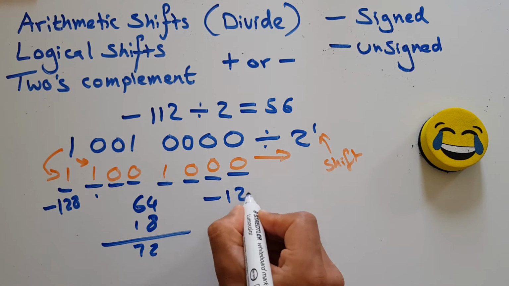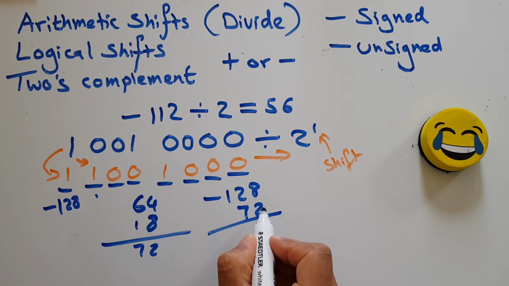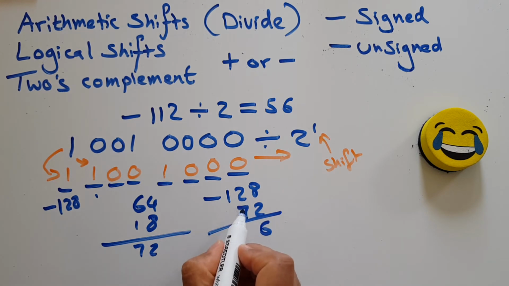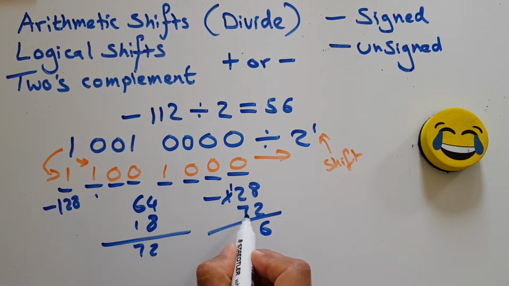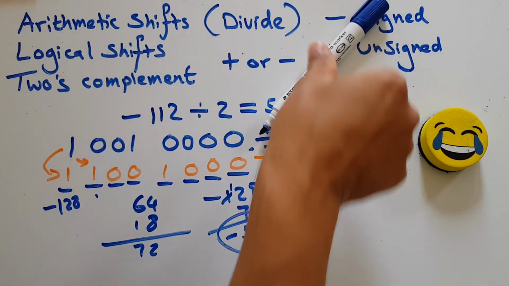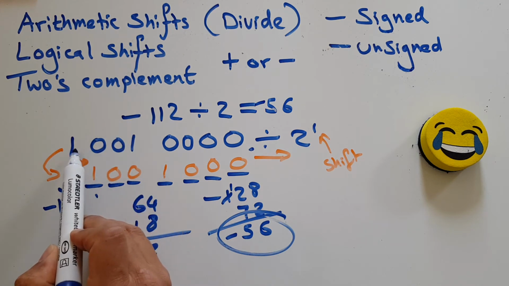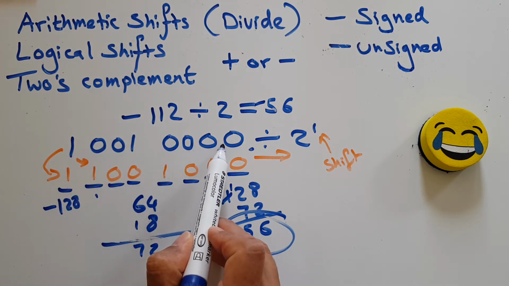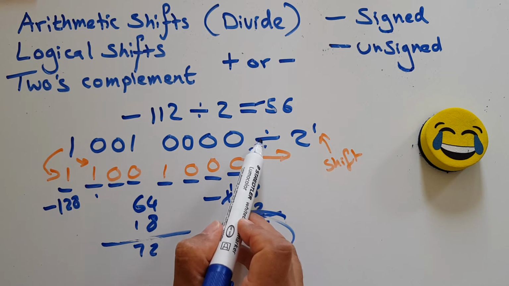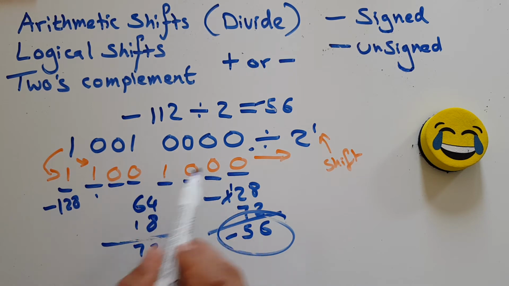So what's minus 128 take away 72? Got 8, take away 2 is 6. I can't do that, so I borrow from that, and that becomes 12. 12 take away the 7 leaves me with 5, minus 56. So is that correct? And the answer is yes, it is. Assuming that this is minus 56, which it is. So I've got the binary in blue for minus 112, and I'm dividing minus 112 by 2, and that definitely equals the binary here in orange for minus 56.